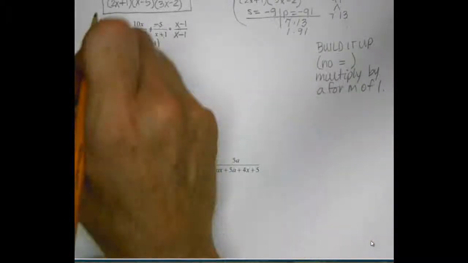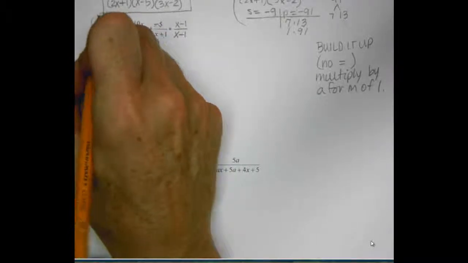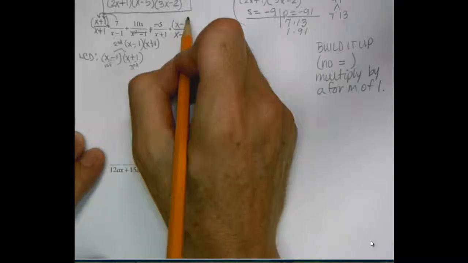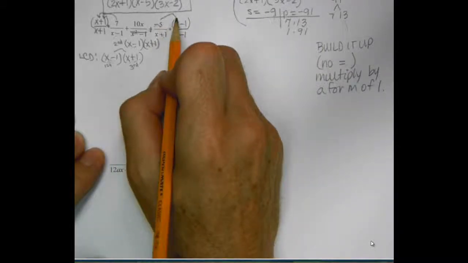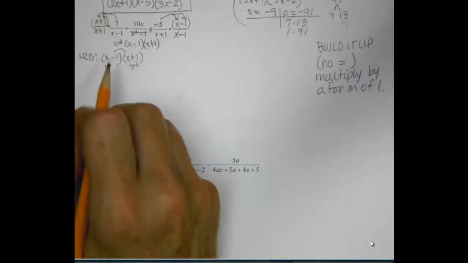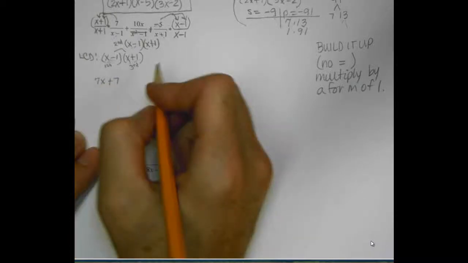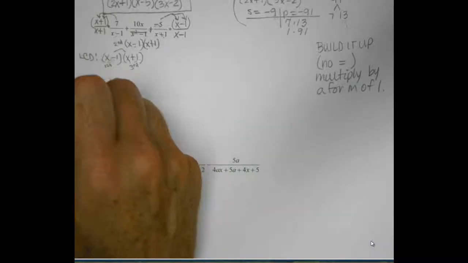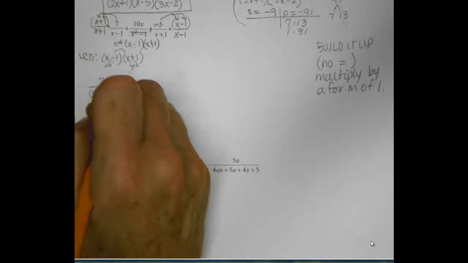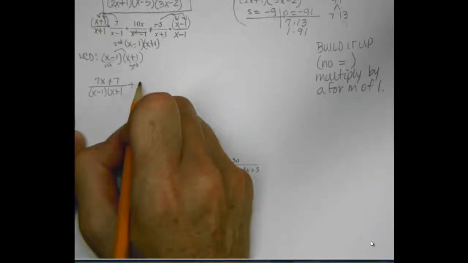That's very nice. Now here for my numerator, I have this 7 to multiply, and I will distribute it. And my third numerator, I have a -5 to distribute. So for my first numerator, I have 7x plus 7, and it will be now over x minus 1, x plus 1, and then I'm adding just a 10x.